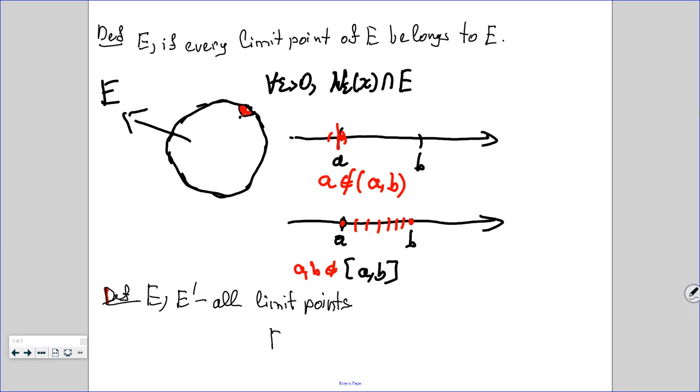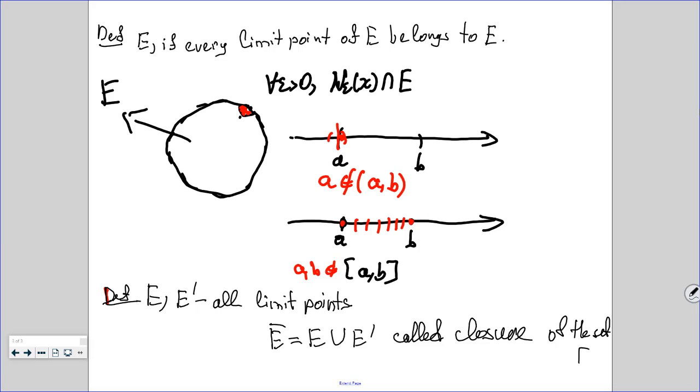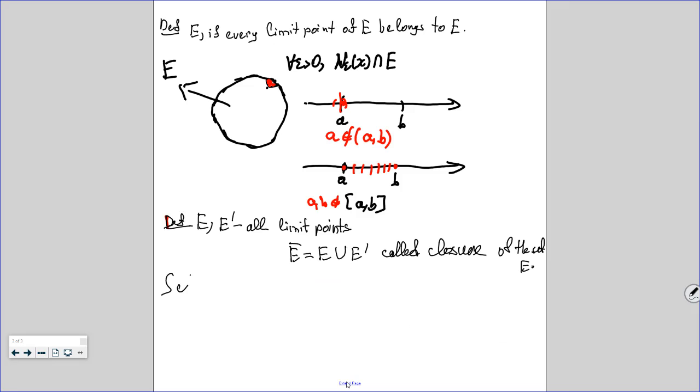Then the set which is the union of set E itself and its accumulation points is called the closure of the set E. Of course, the closure is a closed set, and the set is closed if and only if the closure is equal to the set itself.